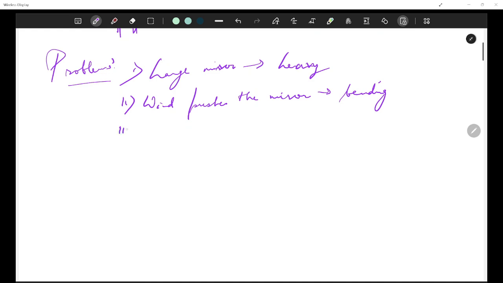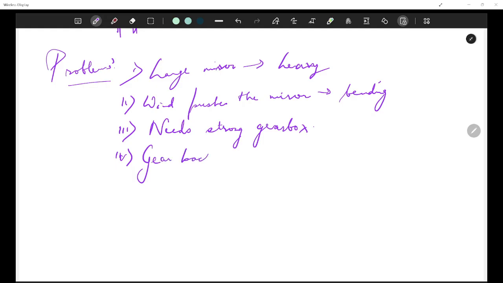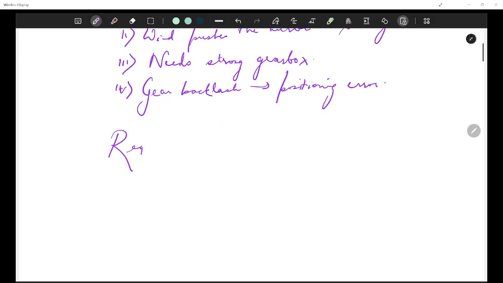Then it needs a strong gearbox, and any gear backlash leads to positioning error. Okay, so what is the required accuracy that we want? It should be on the order of 5 milliradians. This is extremely small. So the classical systems become heavy, expensive and less accurate.